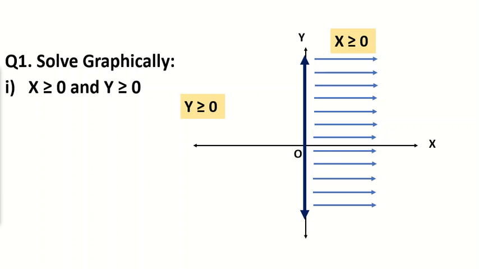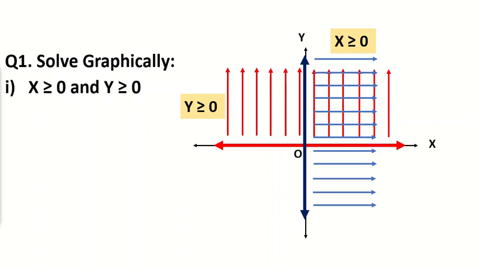Then I have to consider the line y equal to 0. This line, as we have seen, overlaps on the x-axis. The collection of all points having y greater than 0 is indicated by a red line. Now, if you observe, this is the region where both regions intersect.